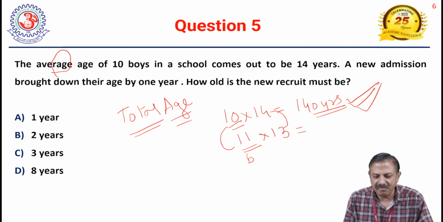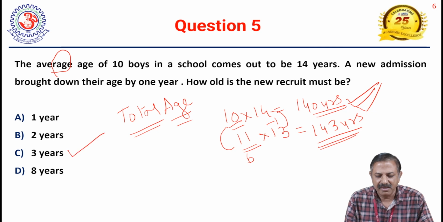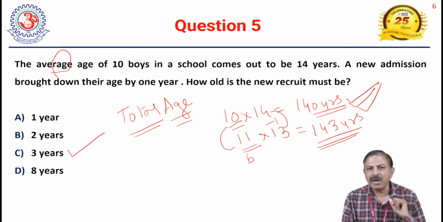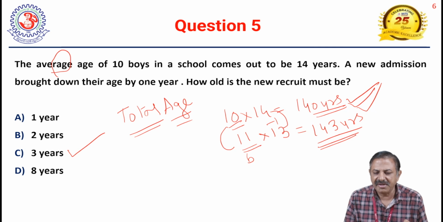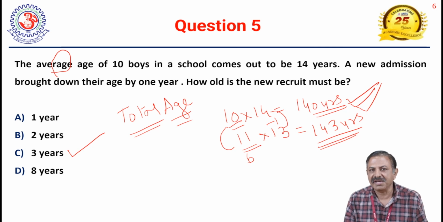Average decreased by 1, minus 1. 10 into 14, 140. 11 into 13, 143. Now if you want the age of the new person, the new recruit, 143 minus 140, that is nothing but 3 years. So what we are doing in the question, only 2 multiplications, 10 into 14, 11 into 13, and take the difference. It is very, very simple. So students, in exams, you can solve these questions in such easy methods.